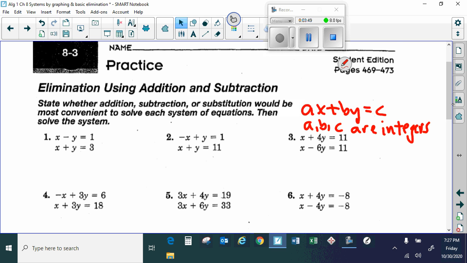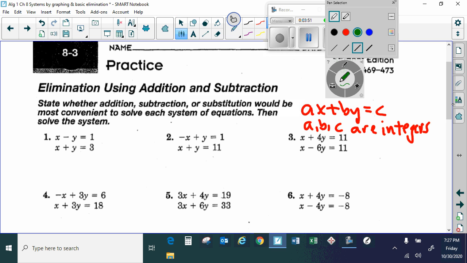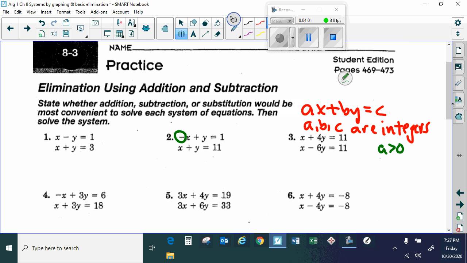But in true standard form, there's one more condition where a has to be greater than 0. Well, if you're solving systems by basic elimination method, put them in standard form, a does not have to be greater than 0. So here's an example where a is less than 0, a is -1 there. So that condition itself doesn't matter when you're solving systems by elimination.